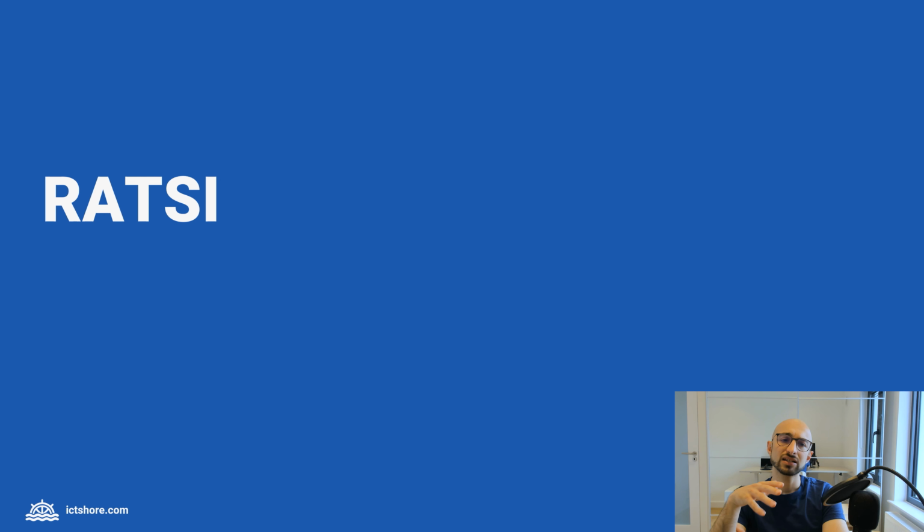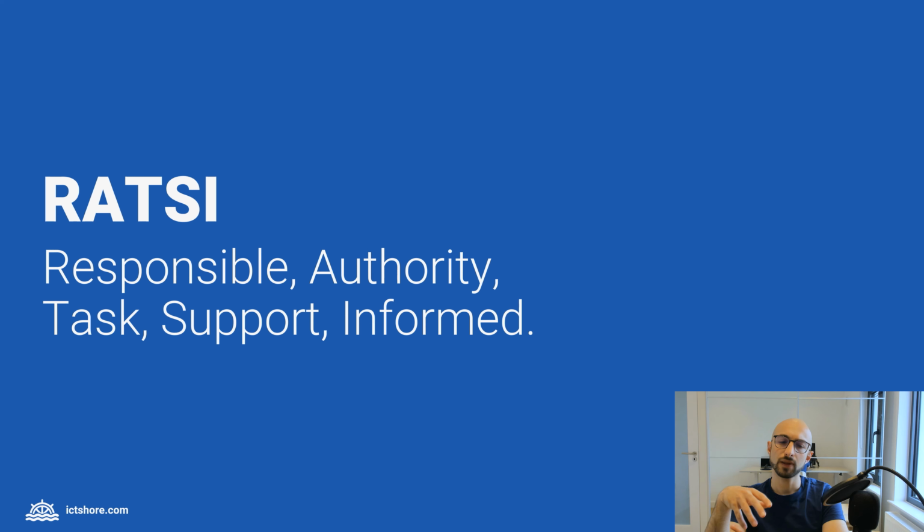A little variant of this is the RATSI. Here it is a little bit tricky because we are changing the meaning of the roles. So you see we have a responsible, authority, task, support, and informed. Responsible is not the responsible we are used to from the traditional RACI matrix, but it's actually the accountable. So it's the person that owns the outcome.